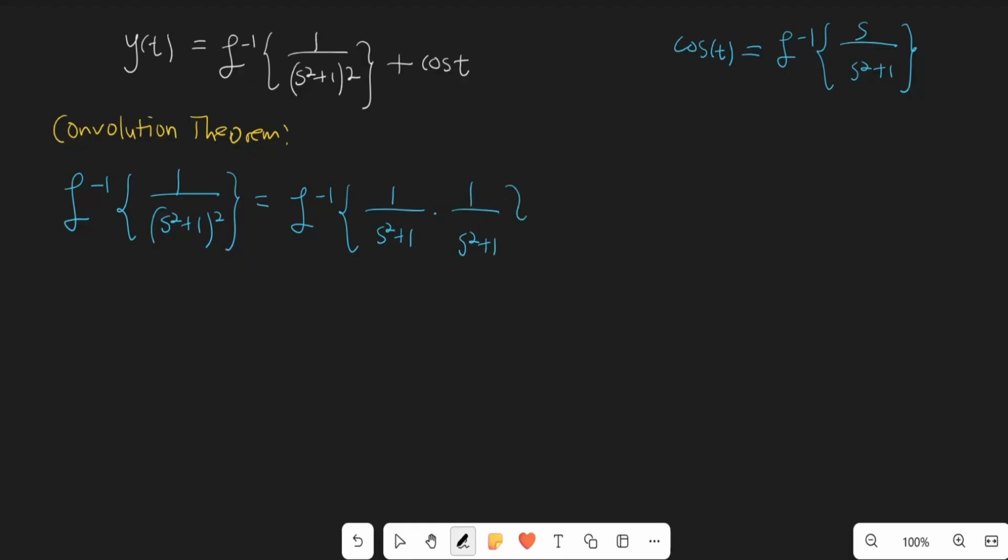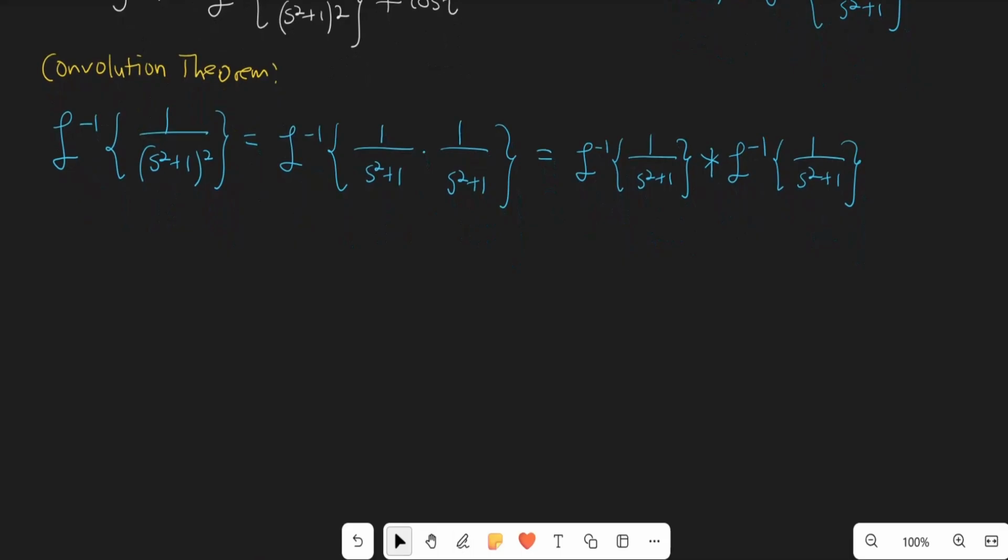Simple as this. The Laplace inverse of the product of two functions is going to be the convolution. So this is the Laplace inverse of the first one, 1 over s squared plus 1, convoluted with the Laplace inverse of the second one, which is the same thing, 1 over s squared plus 1.